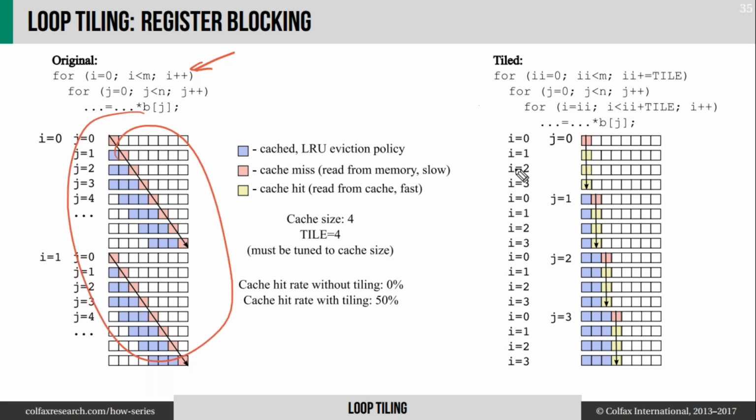What happens now is I read one element in B, and I reuse it many times, while it's still in registers. In this case, the cache hit rate, I'm sorry, this is incorrect. It should be 75%. You can see the ratio of yellow to red is 3.